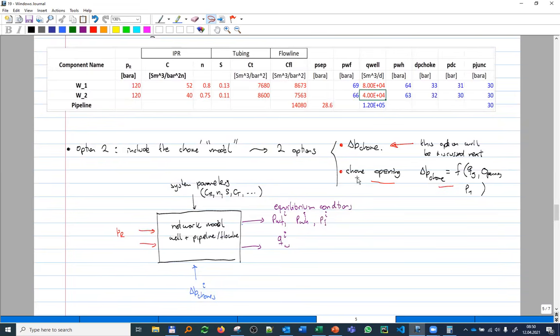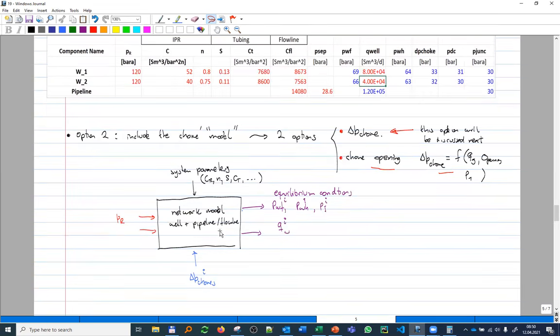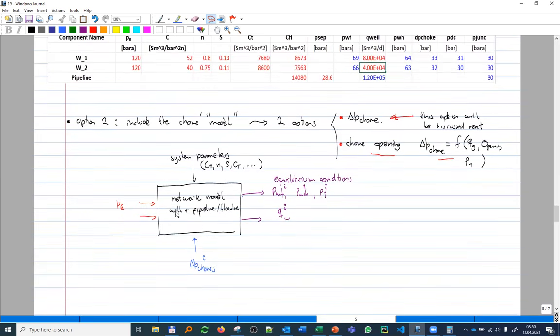The other option is to include a choke equation that is a function of rates, pressure, and the opening. And then I change the opening until I get these rates. I know it might seem a bit confusing, but just bear with me and we're going to do an example of how it is done. So remember the network function we had earlier, in which we give reservoir pressure, we give the network model, we have some network parameters, and that gives me the solution.